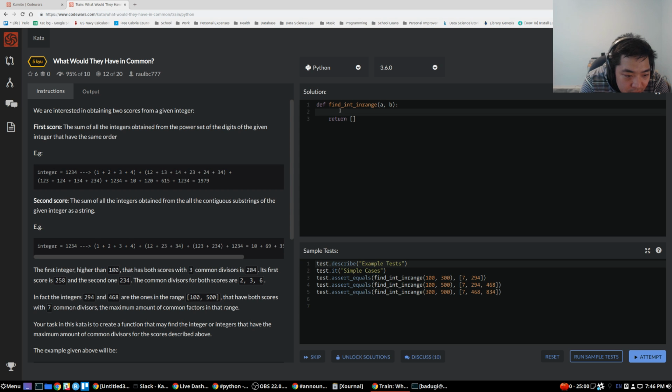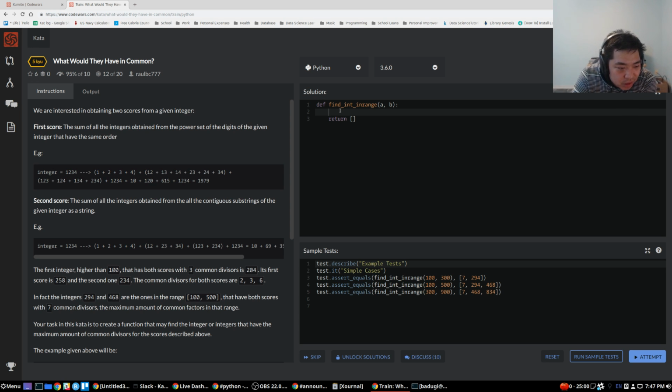The first integer higher than 100 that has both scores with 3 common divisors is 204. Its first score is 258, the second one is 234. Okay.